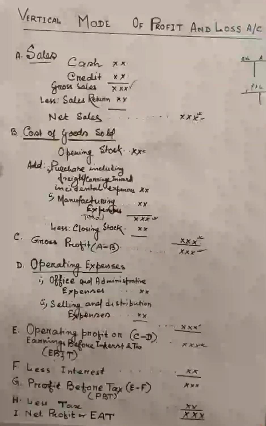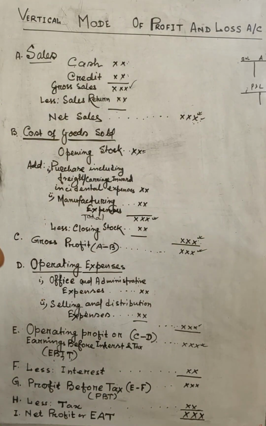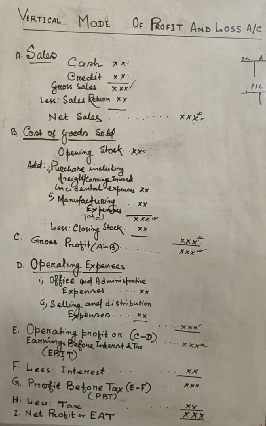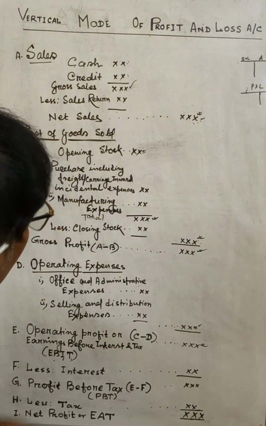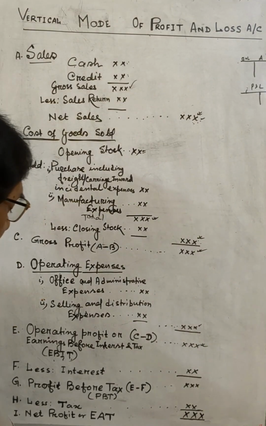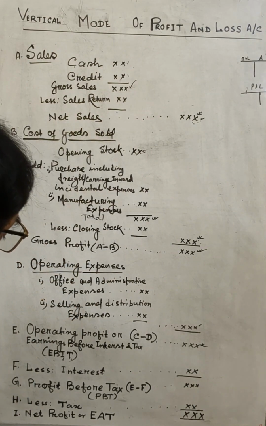Then you can ask, why is interest not clubbed with this? The main purpose is you have to identify the earnings from which expenses clearly. What is the role of those expenses? Interest also has a vital role.